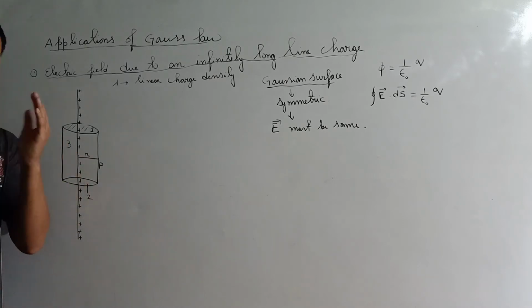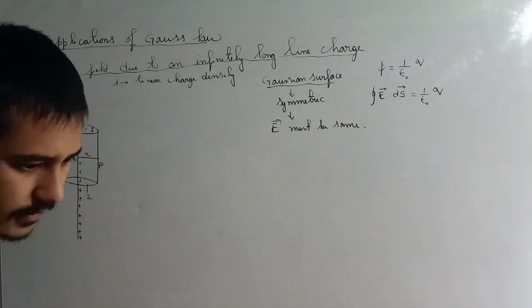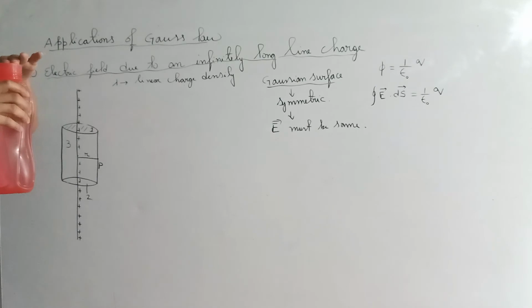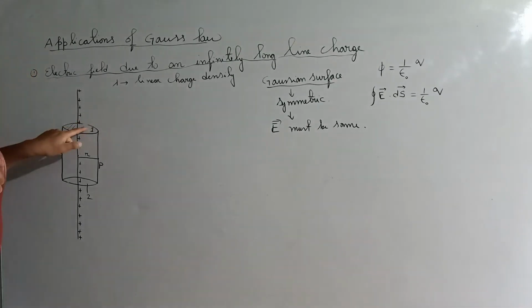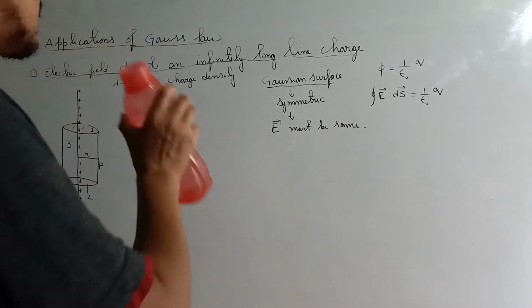The area of base we considered as the first surface, and the other area of base as the second surface. The third surface is, as you learned in class 10, the curved surface area.